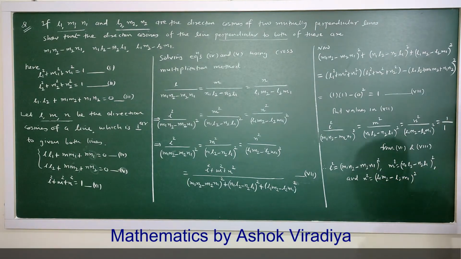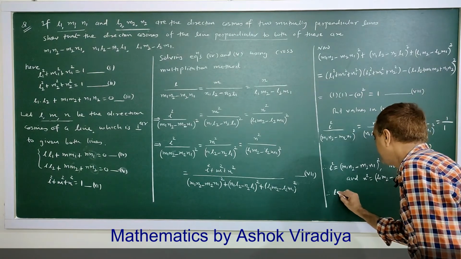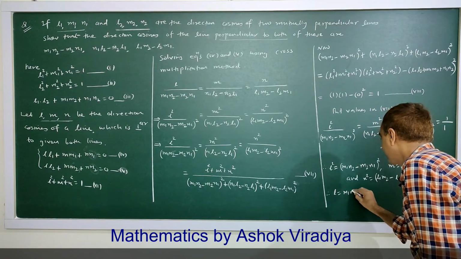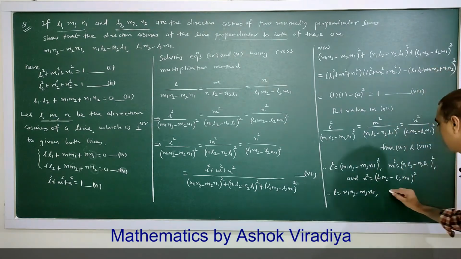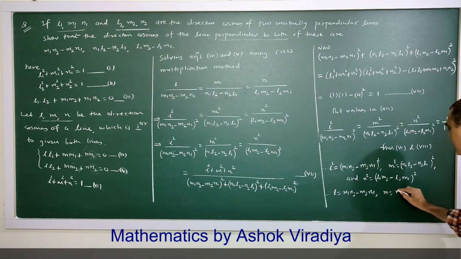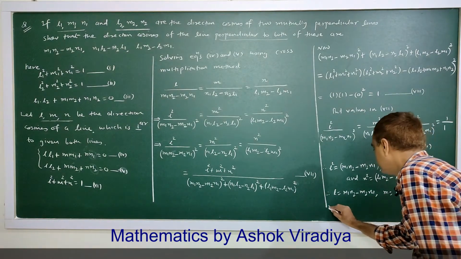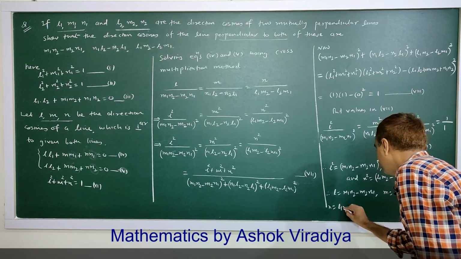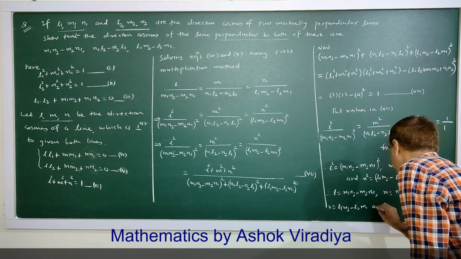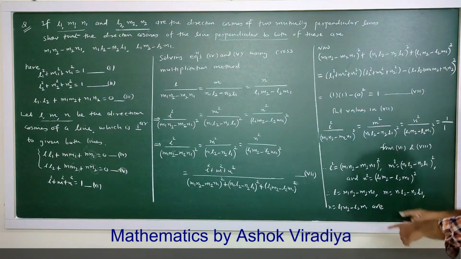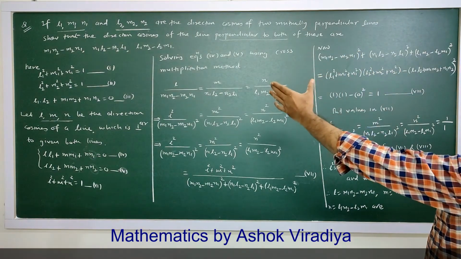Therefore L is equal to M1 N2 minus M2 N1, M is equal to N1 L2 minus N2 L1, N is equal to L1 M2 minus L2 M1. These are the direction cosines of that line.